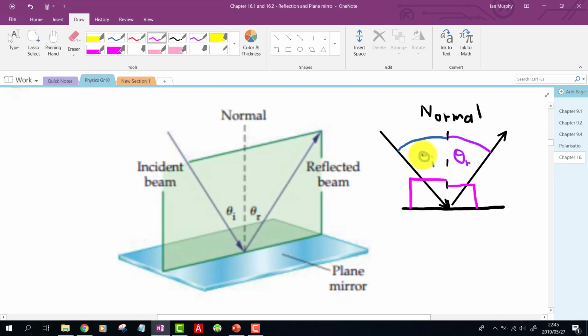The angle of incidence is between the incoming ray and the normal, this angle right here, and the angle of reflection is between the reflected ray and the normal, and these two are always the same. We'll explore this further in different questions, but that is basically what this diagram represents, just at a different angle.